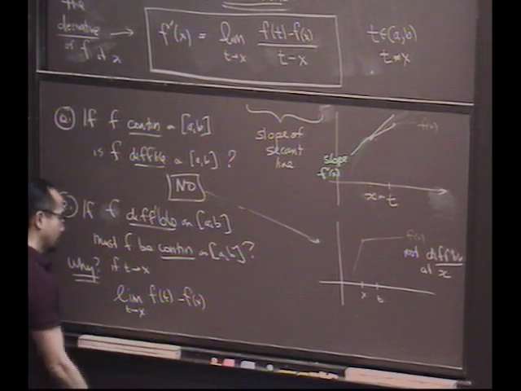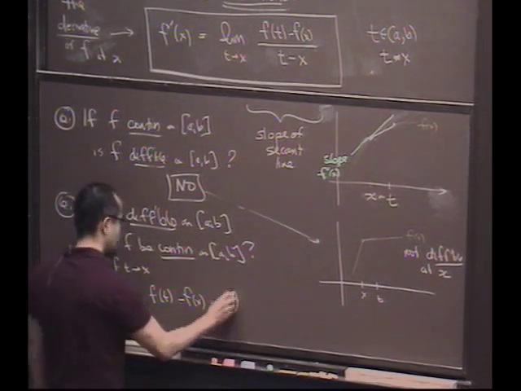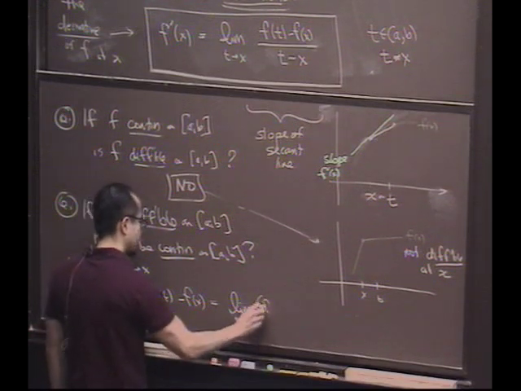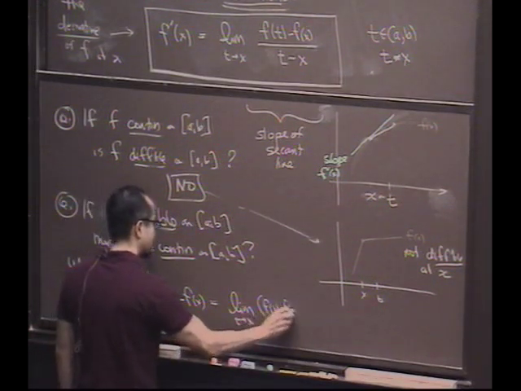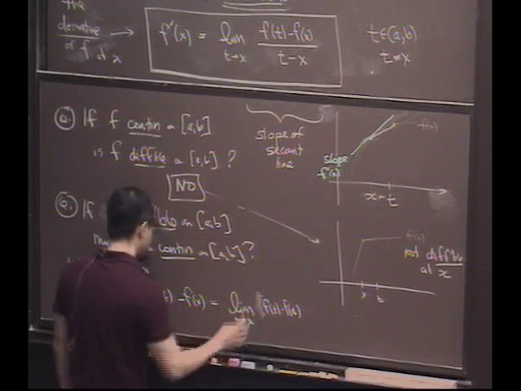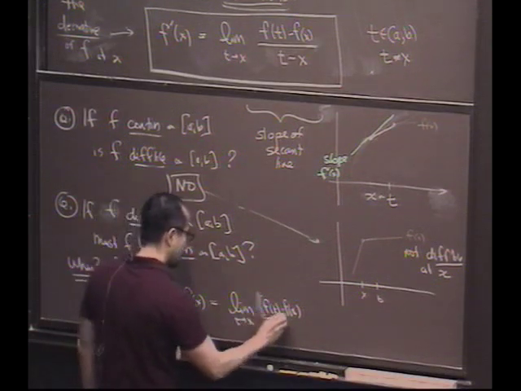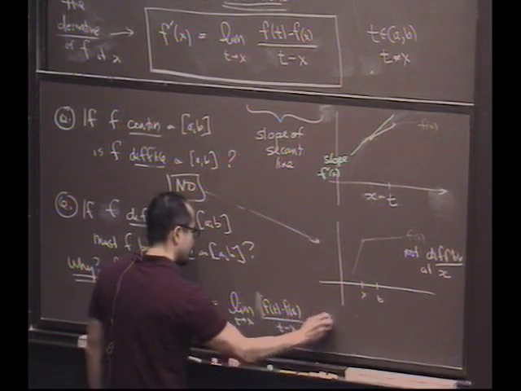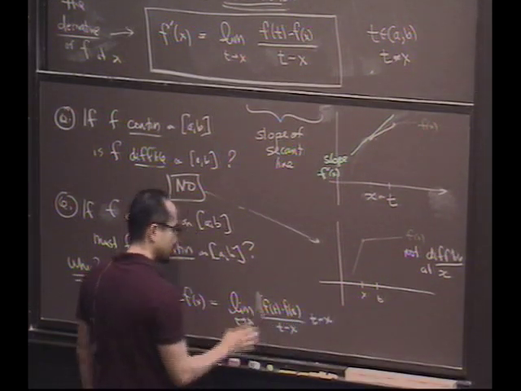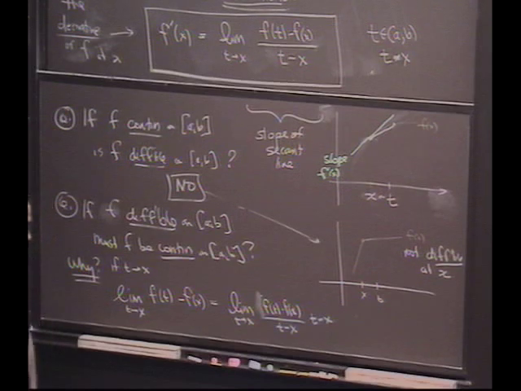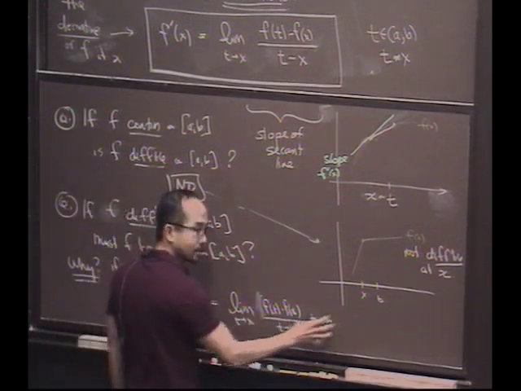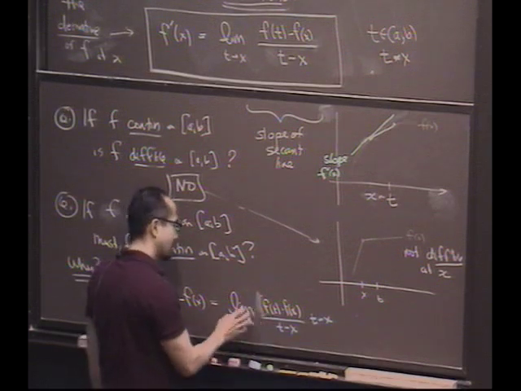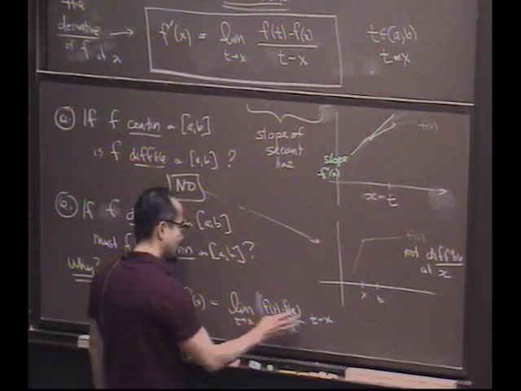Well, let's just see. Look at this creature. Would you agree that this is the same as f of t minus f of x, but you can't stop me from dividing by t minus x and multiplying by t minus x, yes? So this is a limit of a product. So that's the product of the limits. And what's the product of the limits here?